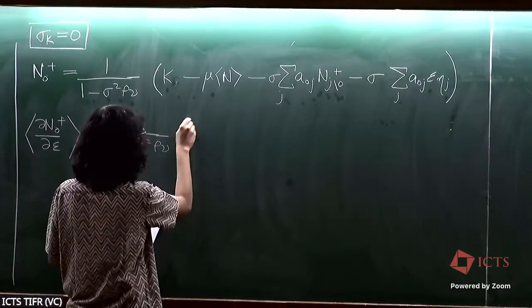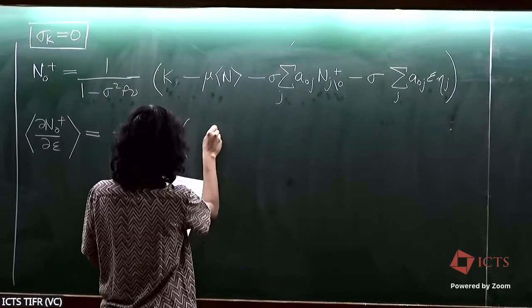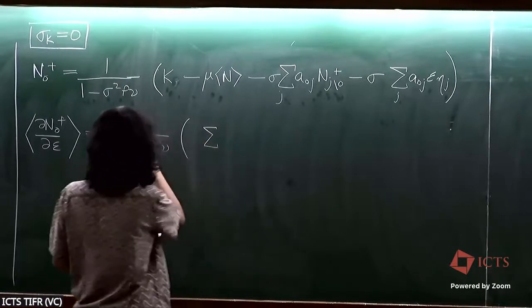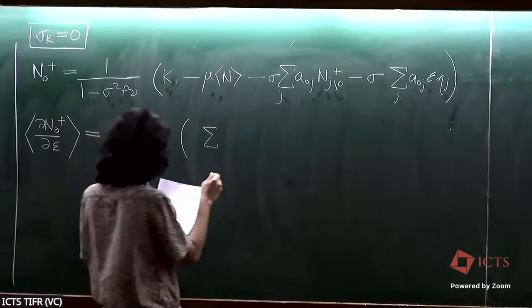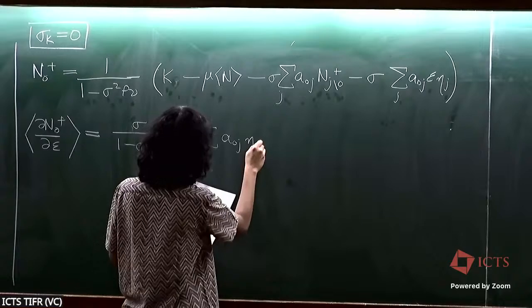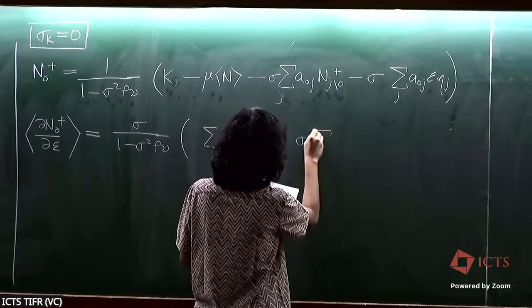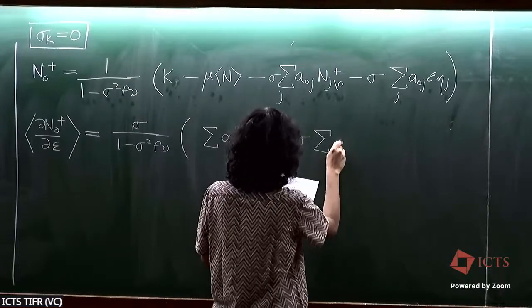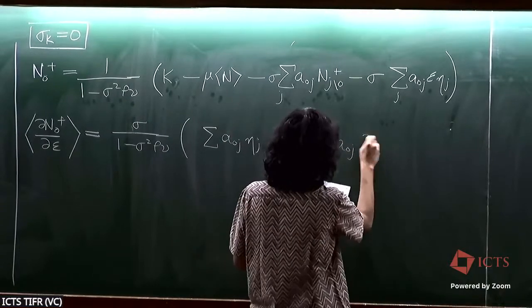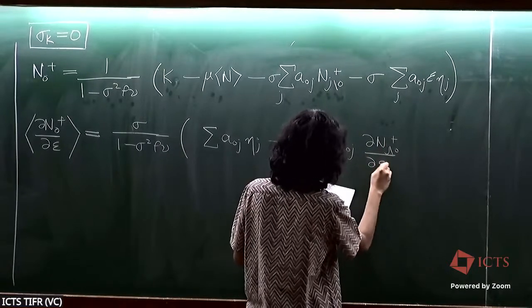And what happens here? Number goes away. There's just a sigma that I'm going to send outside. A0j eta j minus sigma A0j dnj without 0 plus b epsilon.